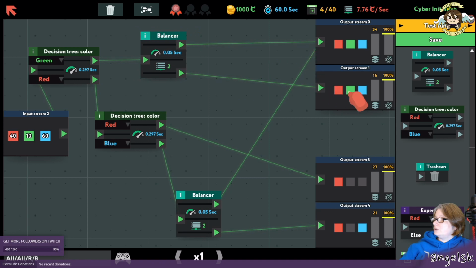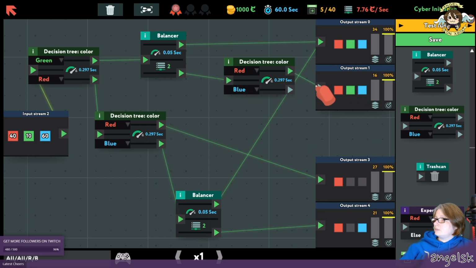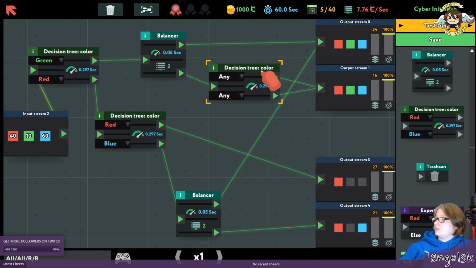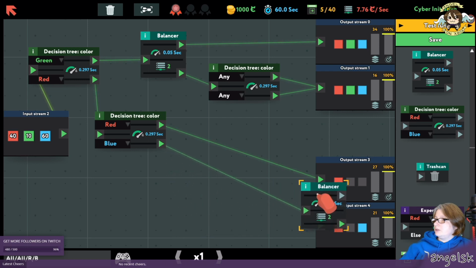We need more going to the top. So maybe we put a decision tree in here to slow it down. Then we don't need a load balancer. There.